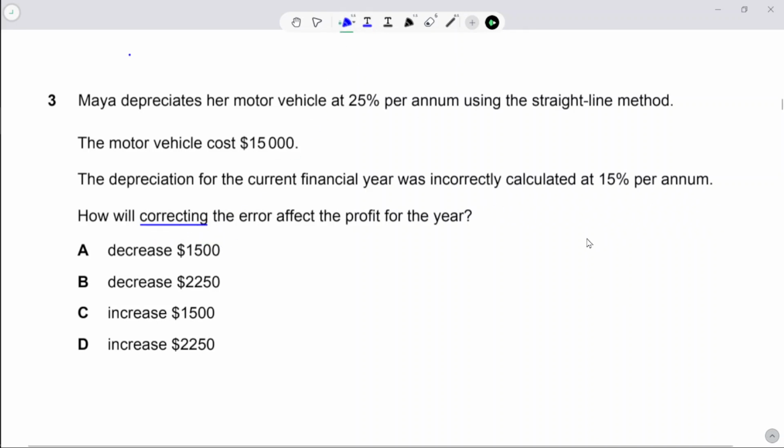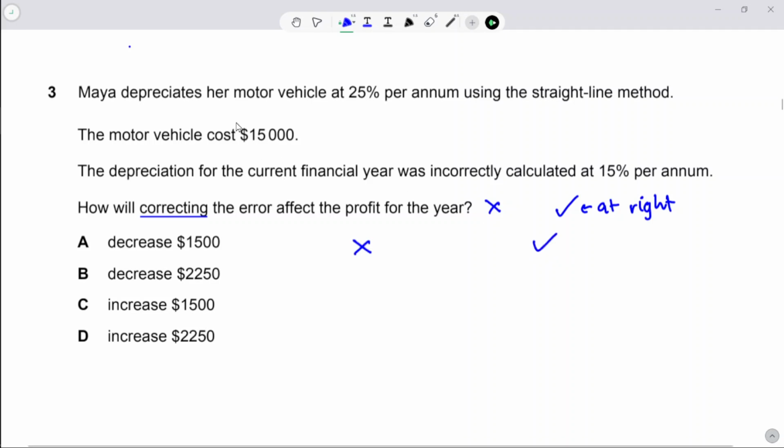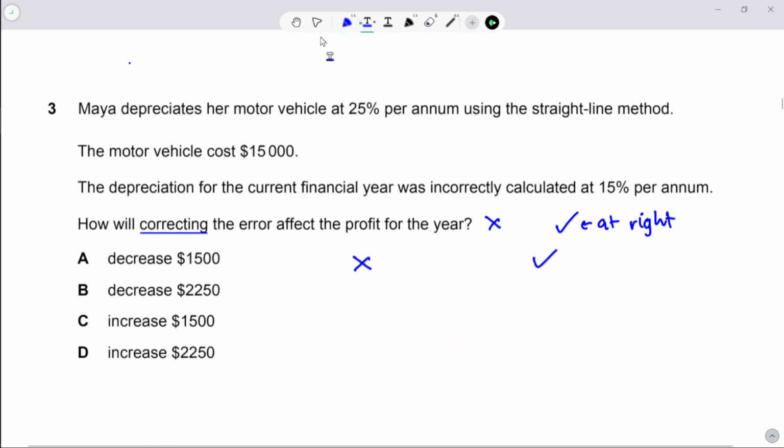So basically right hand side is correct one. So what you want us to do is correct.